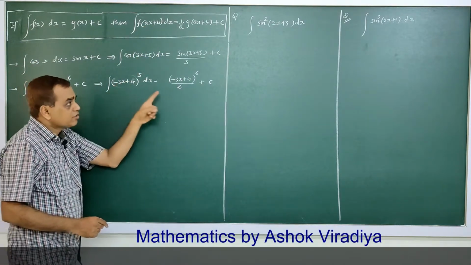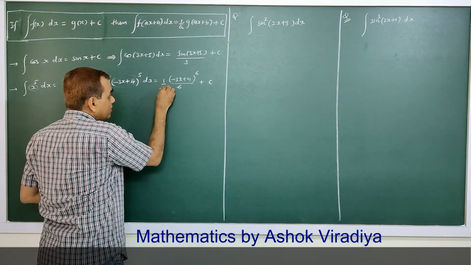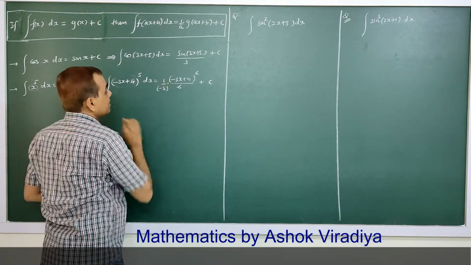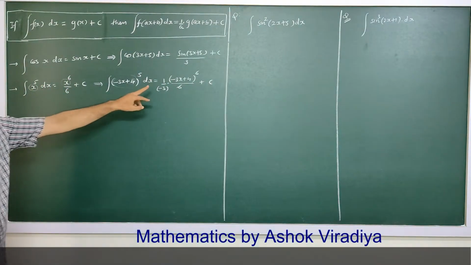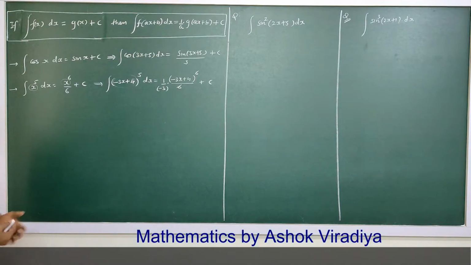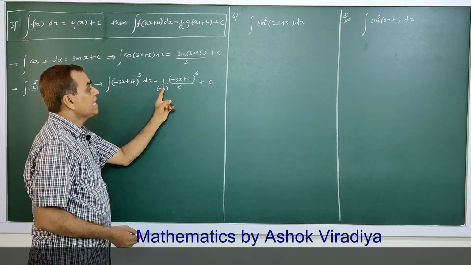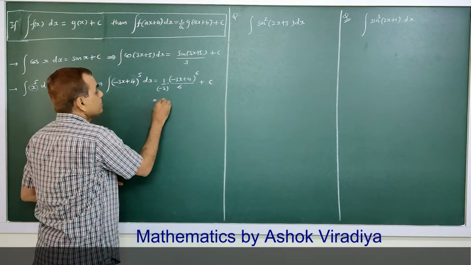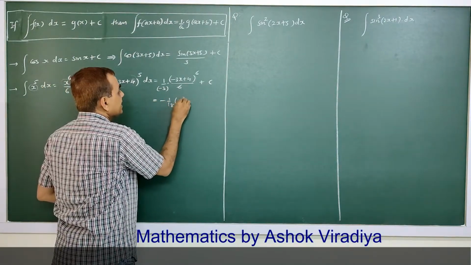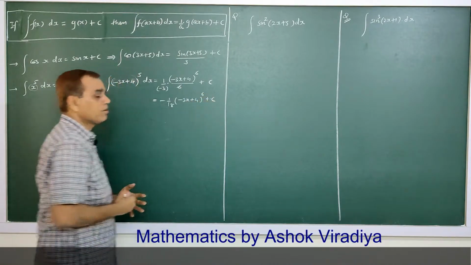Minus 3. So divide by minus 3, so 1 upon minus 3. Dividing this by minus 3, that is the correct answer. So this will be minus 1 by 18. So it is equal to minus 1 by 18 times minus 3x plus 4 raised to 6 plus c.